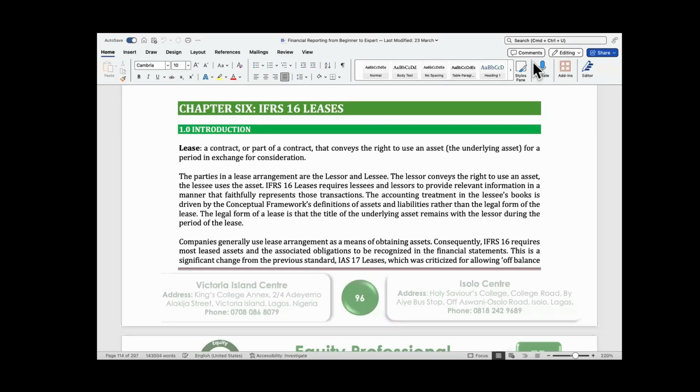So what we have today is IFRS 16 on leases.